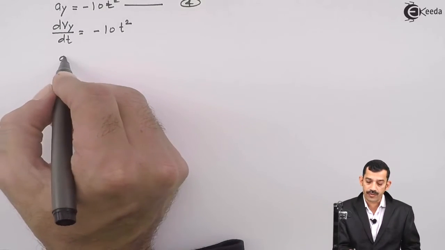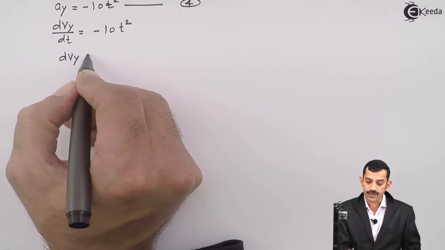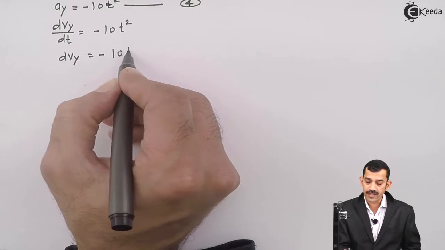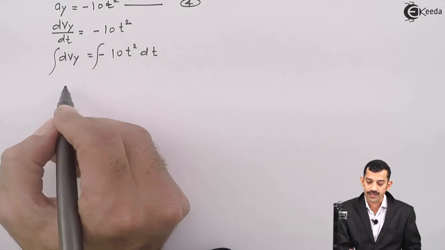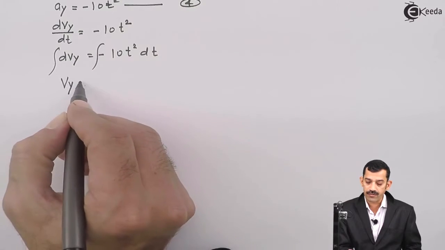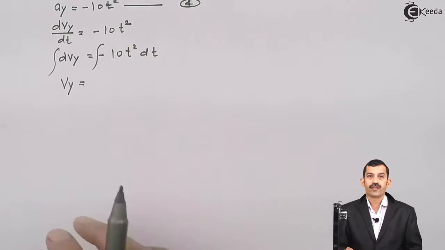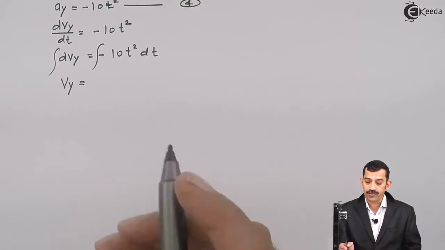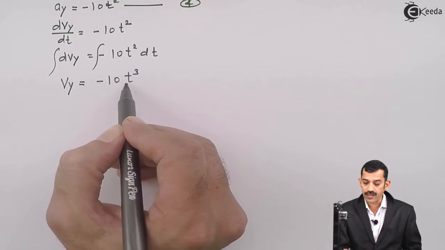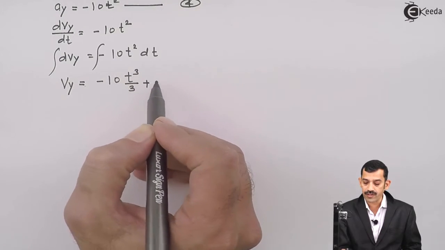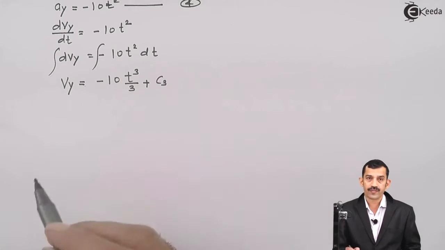That means dvy comes out to be minus 10t square dt. If we integrate this equation, what will we get? The integral of dvy is vy. Minus 10t square if we integrate gives minus 10t cube by 3 plus some constant of integration c3.